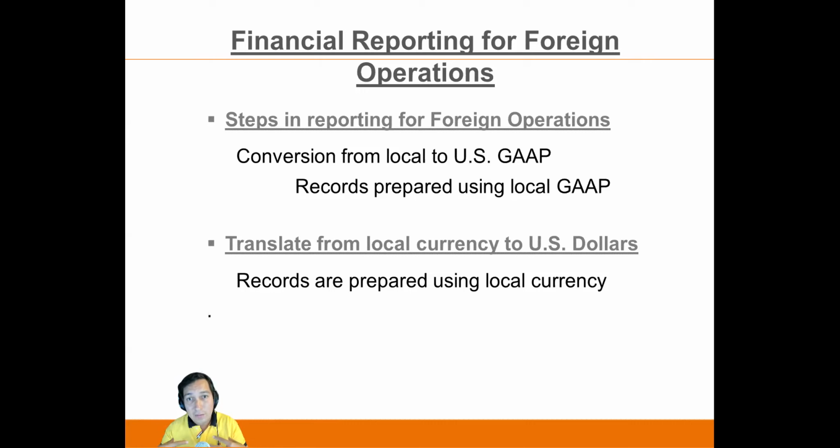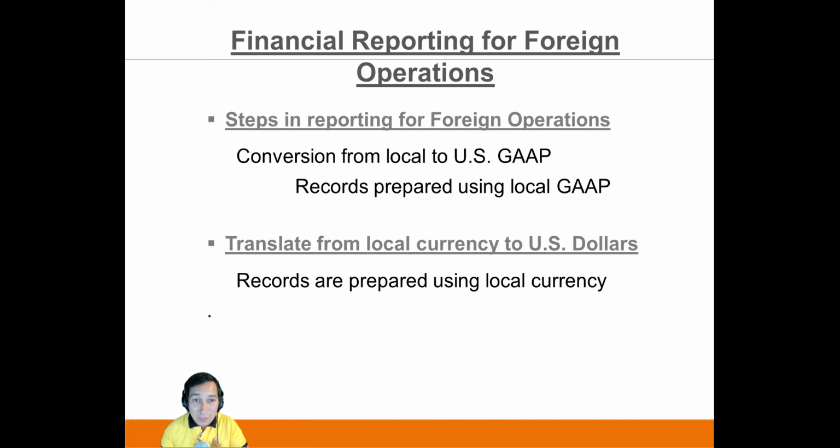If I'm the investor and I invest from the US, I would like to see my financial statements in US dollars. But what happens if the foreign company is in Mexican pesos? Then we would need to report those Mexican pesos into US dollars so I can understand them.